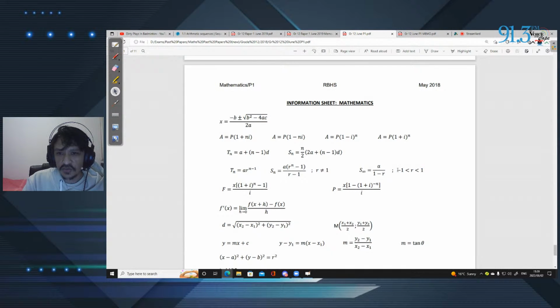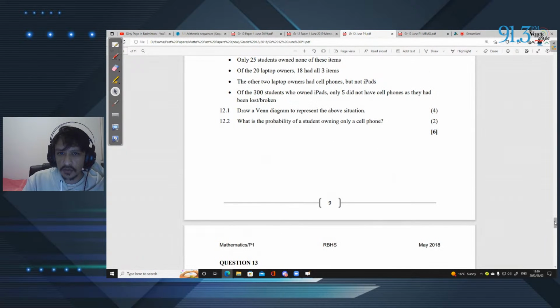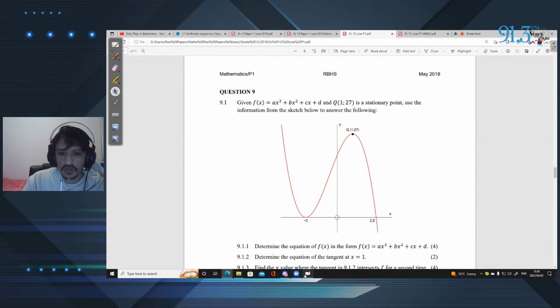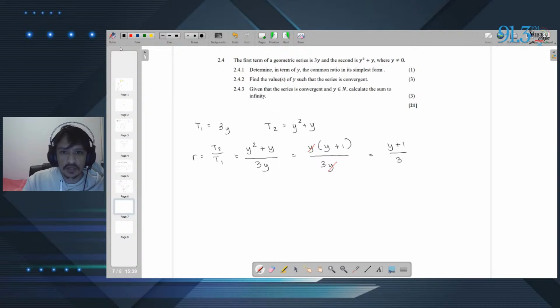And that's the restriction we're left with for our ratio. And this should assist us in solving this problem. So if we go back here, scroll up. Oh, I can just go here. Sorry, my apologies. Go back here. Find the values of y so that the series is convergent. So we can just go here. We know that the ratio is going to be less than 1, but greater than negative 1.